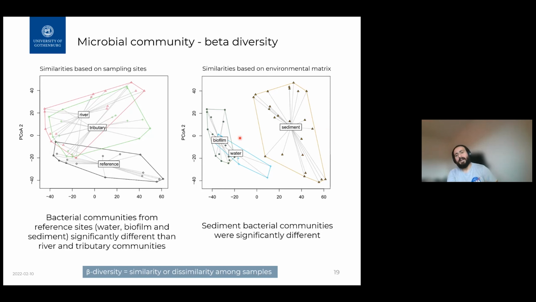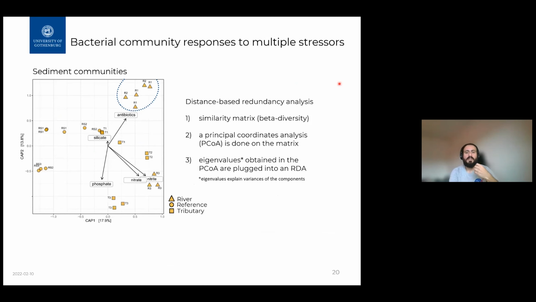In order to understand and explain this observed variation in our samples, we conducted a statistical analysis called distance-based redundancy analysis. That analysis allowed us to get better insight into the role of our environmental variables as explanatory variables in our environmental samples.